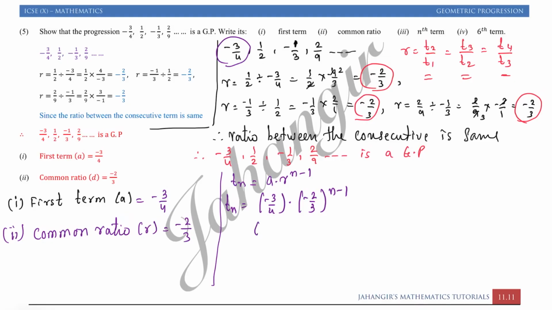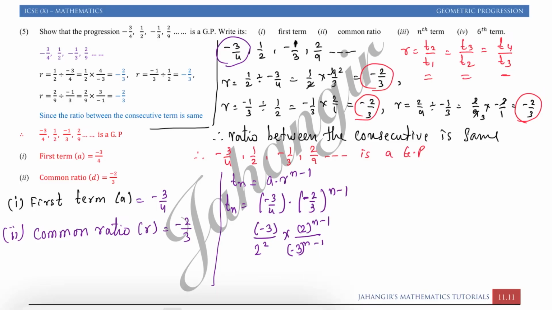See here, minus 3 upon 4 I can write as 2 square, into 2 raised to n minus 1 upon 3 raised to n minus 1, with minus 3 raised to n minus 1, because this minus you can utilize in the denominator.